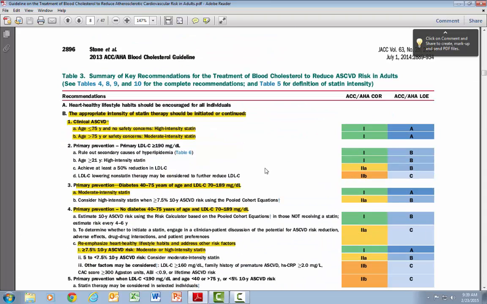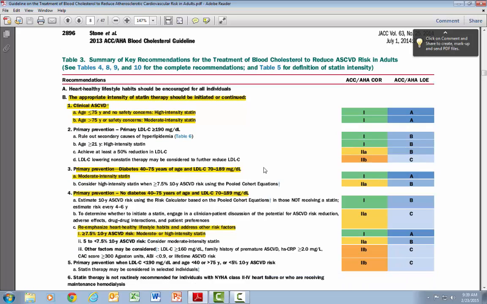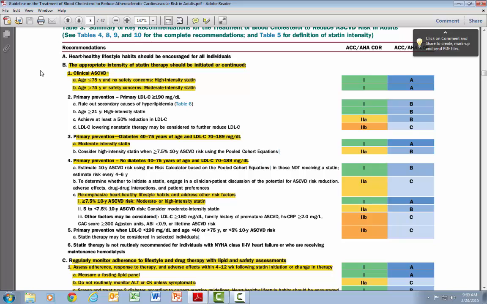Now, the guideline basically abbreviates that. Are you a patient that has clinical atherosclerotic cardiovascular disease that we already discussed? We have an MI, angina, CABG.